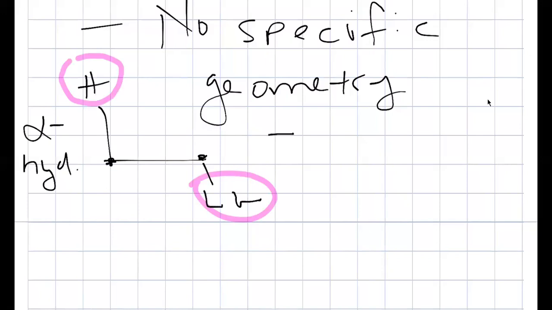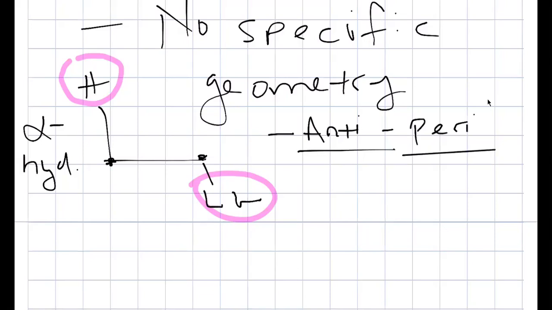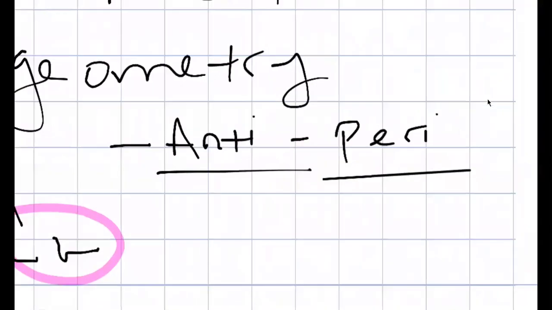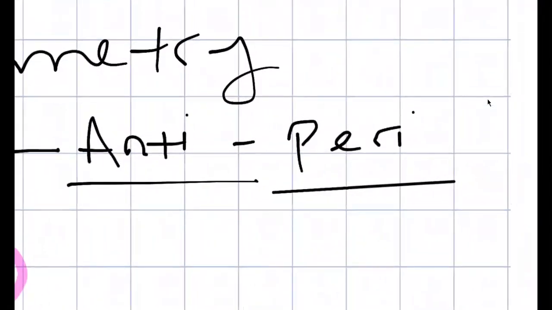So we say that they have to be anti, meaning opposite, and peri, same, and planar, plane.